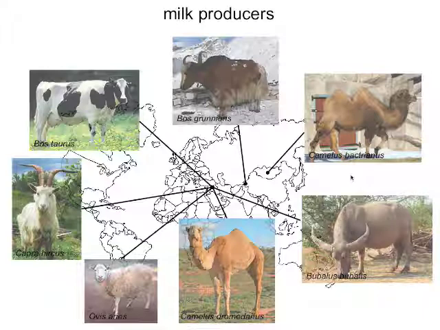The yak is an interesting one because this animal is selected for high fat content in its milk, unlike the bovines that we see in Europe and the United States now. Those organisms have been selected mainly for high volume of milk.